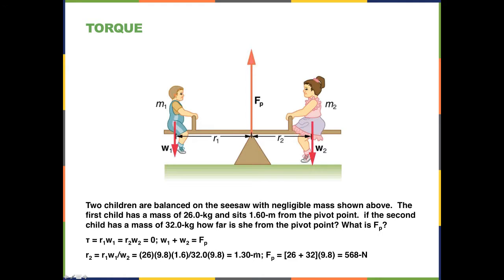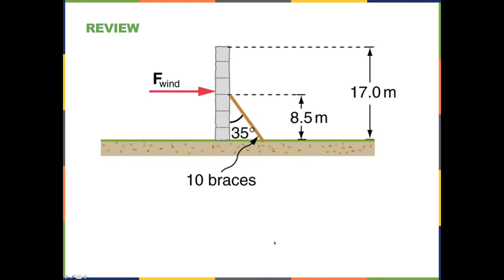And if you do the math here, you get 1.3 meters is the distance R2, which is the first question. The second question is the sum of their weights is equal to the upward force, and if you add their 2 masses and multiply that by gravity, you get 568 newtons as the upward force on the pivot point.